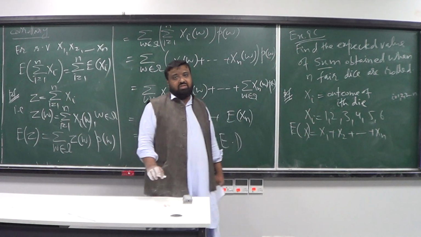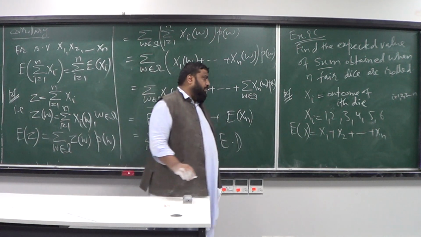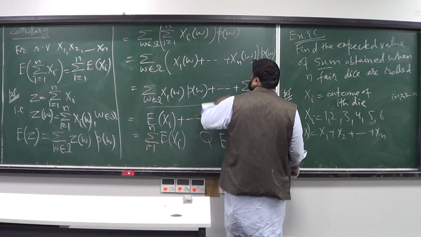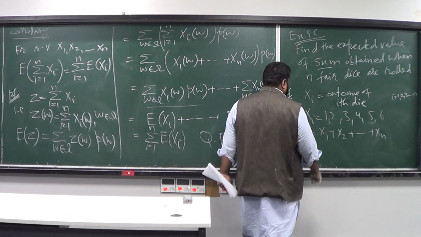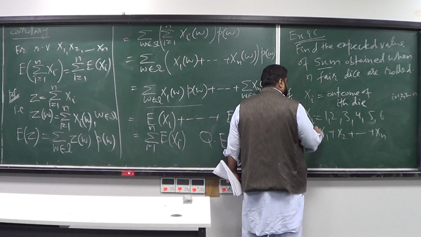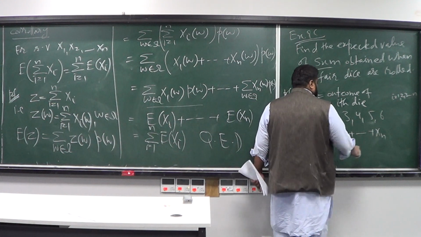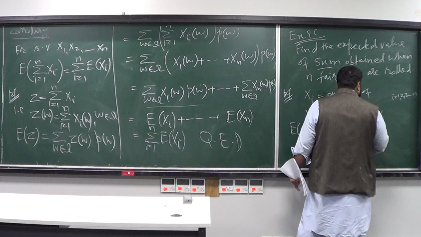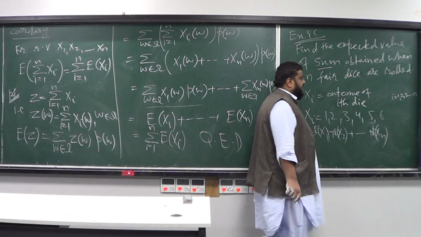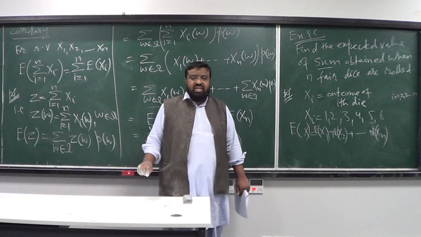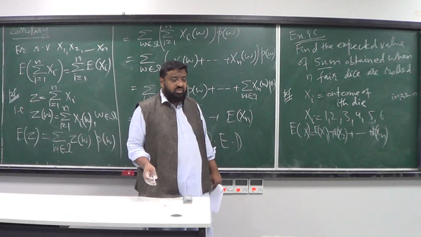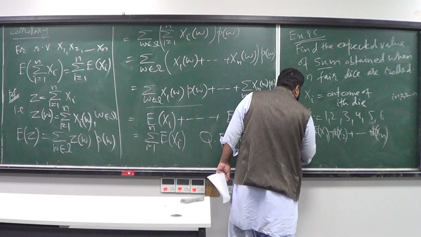So we have to calculate the expectation of x. So अगर आप ये expectation of x calculate करना चाहते हैं, so we have this corollary that tells you that if you want to compute the expectation of this, you need to compute the expectation of x1 and x2 and xn. इन सब को calculate कीजिए and sum them up. So what would be the expectation of xi?